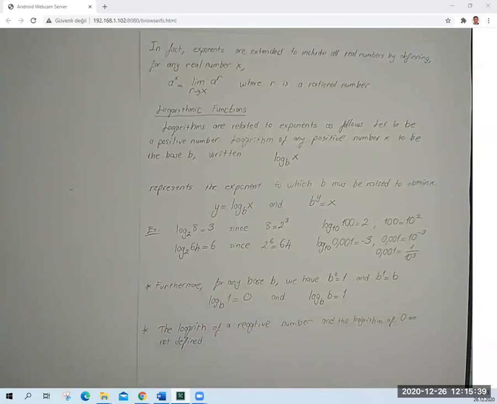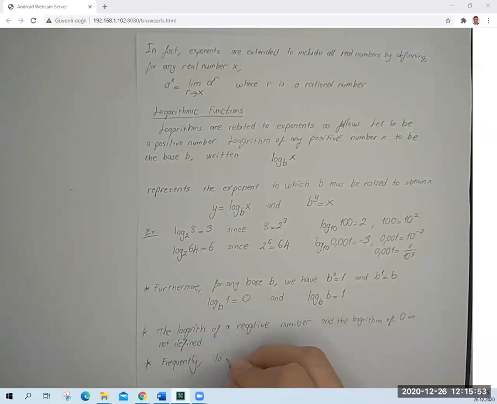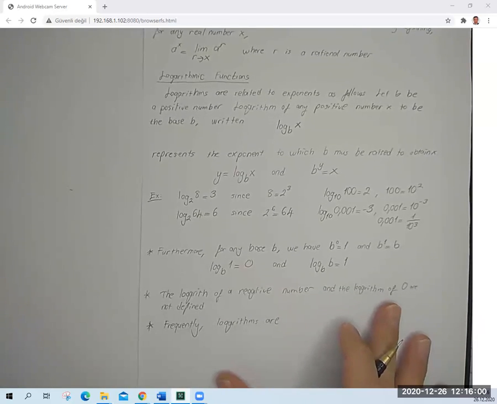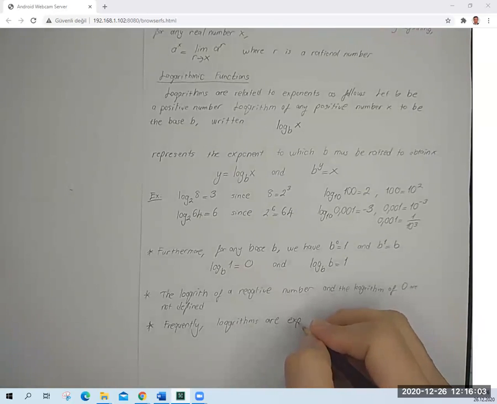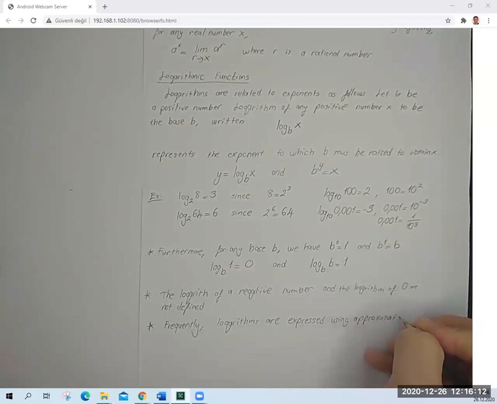And there is also frequently logarithms are expressed using approximate values.